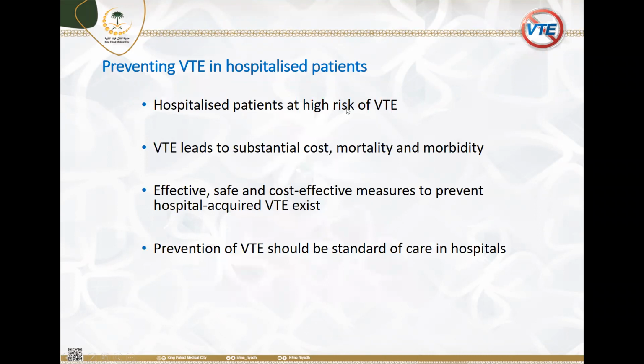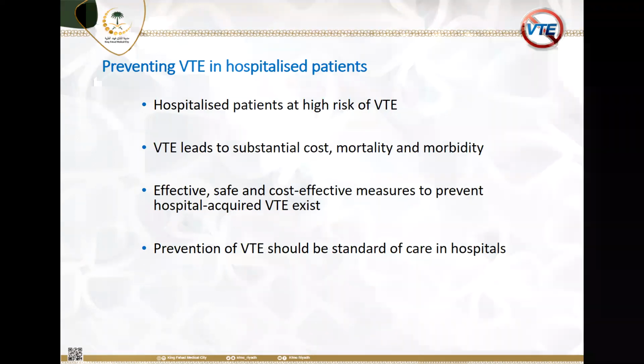Hospitalized patients are at high risk of VTE, and VTE leads to substantial cost, mortality, and morbidity. Very important, if you have hospital-acquired VTE, the cost will come from the extended length of stay. Number one, it will be from ICU hospitalization. Sometimes you have massive PE that requires ICU hospitalization. Also from diagnostic workup like CT, ultrasound, sometimes you need MRI, and also from the treatment, the anticoagulant therapy.